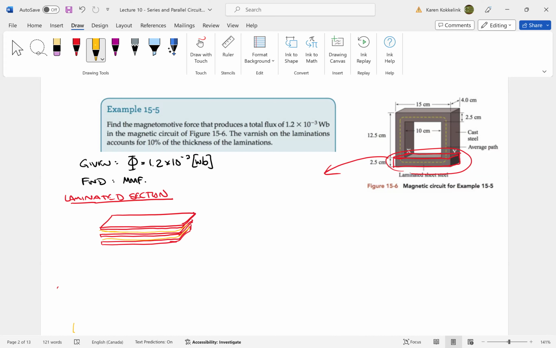And then there are the strips of sheet steel. If this is sheet steel, then I know the BH curve. We know the properties of sheet steel; that's on the BH curve for sheet steel.